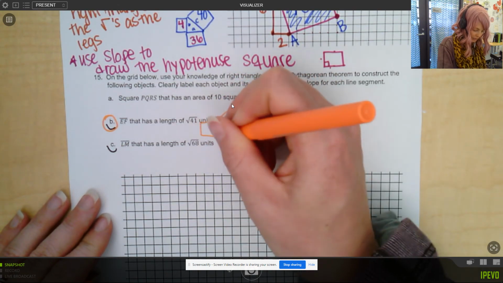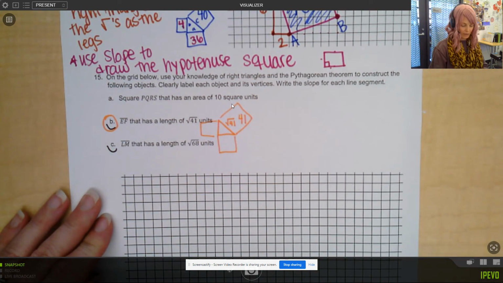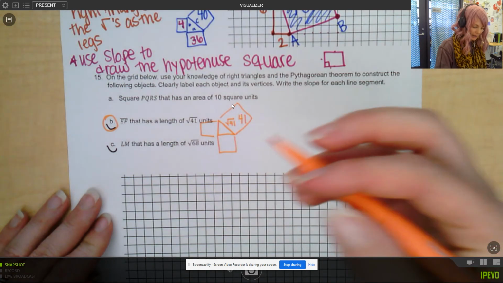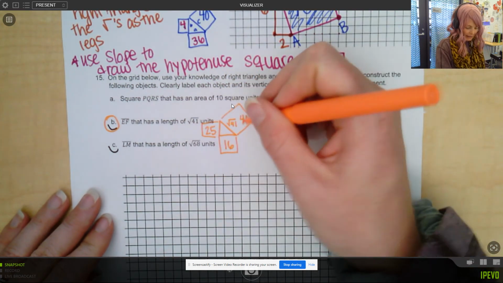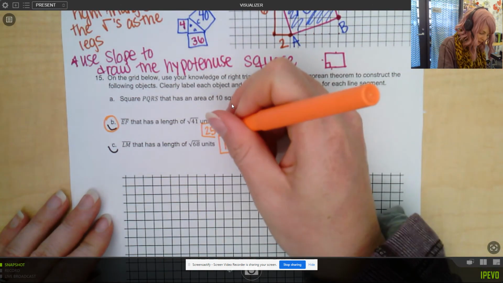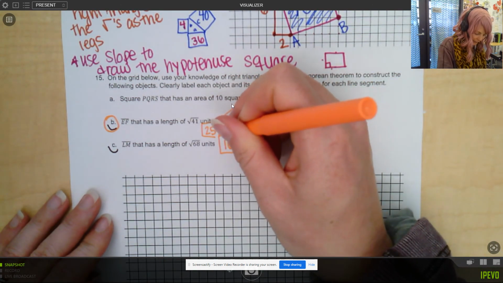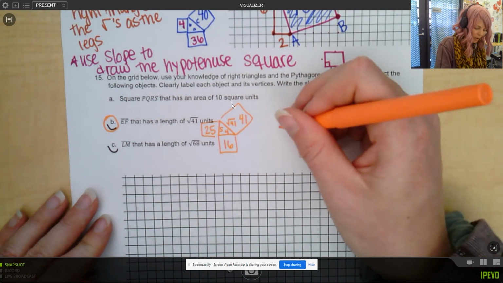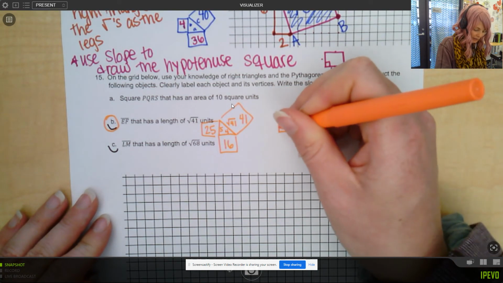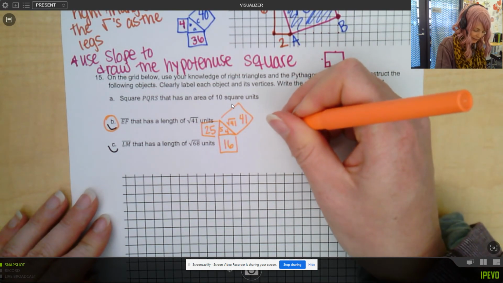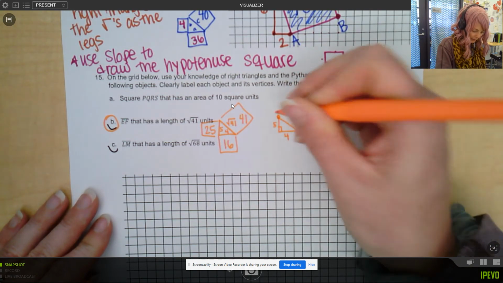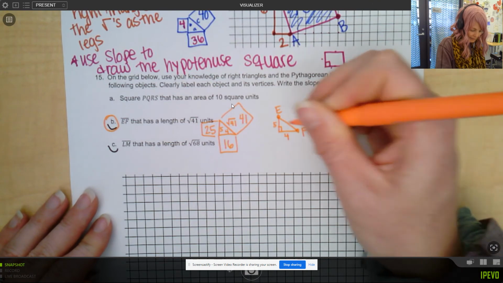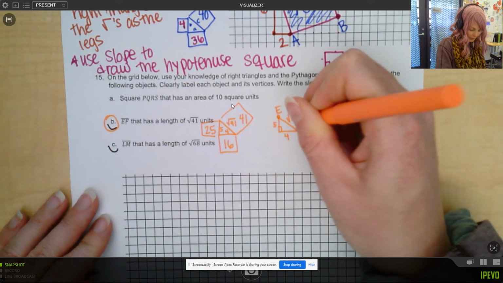So we need two perfect squares that add up to be 41. If we go back and think about our perfect squares, we would find that 25 and 16 add up to be 41. So we're going to have 5 and 4. So again, all we need is a right triangle with leg lengths 5 and 4. And then this part will be EF, which will be square root of 41.